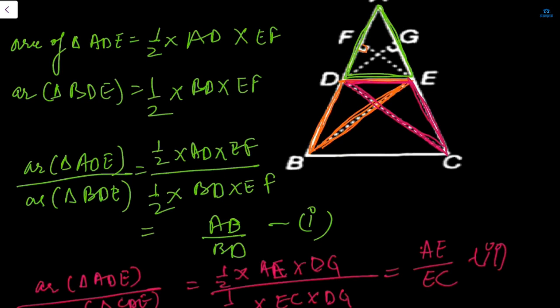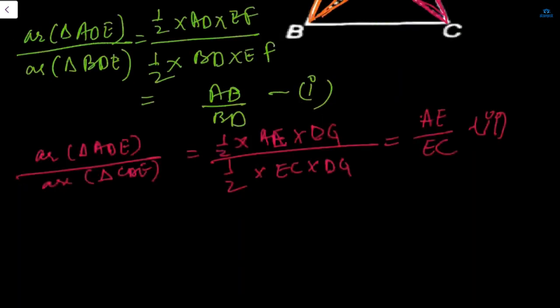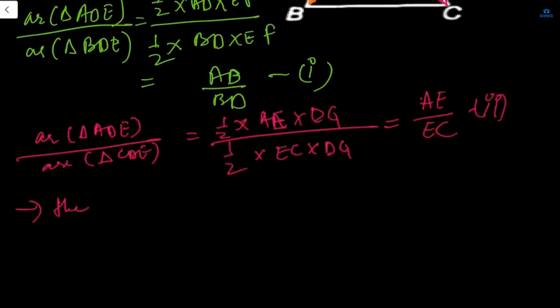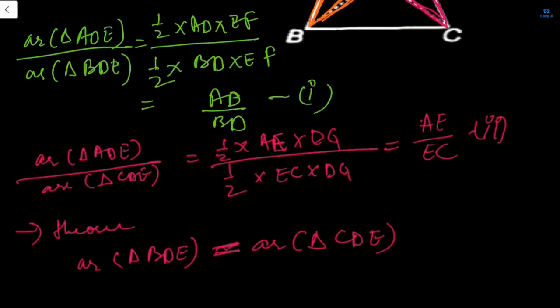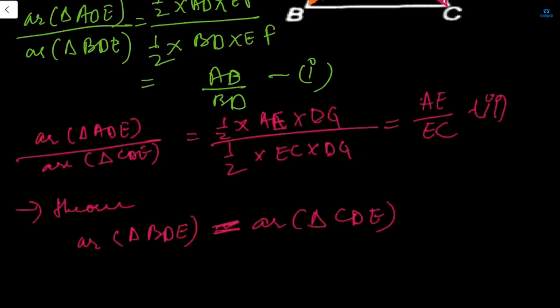Therefore the areas of the triangles will be the same. You'll write the theorem here. From the theorem you can say that area of triangle BDE is equal to area of triangle CDE, because they are on the same base and between the same parallel lines.